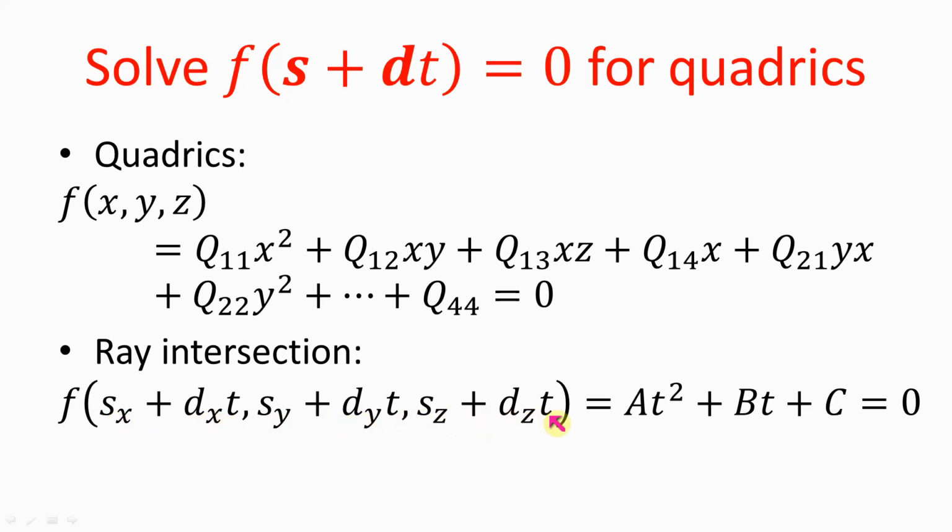So substituting these into the Cartesian coordinates and rearranging terms, we can always express this equation as a quadratic equation for unknown parameter t. This equation needs to be solved, and we are interested in the minimal but positive solution.